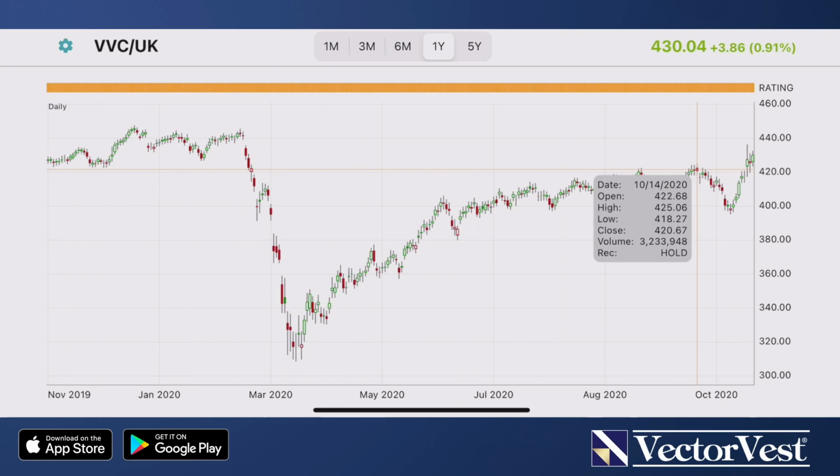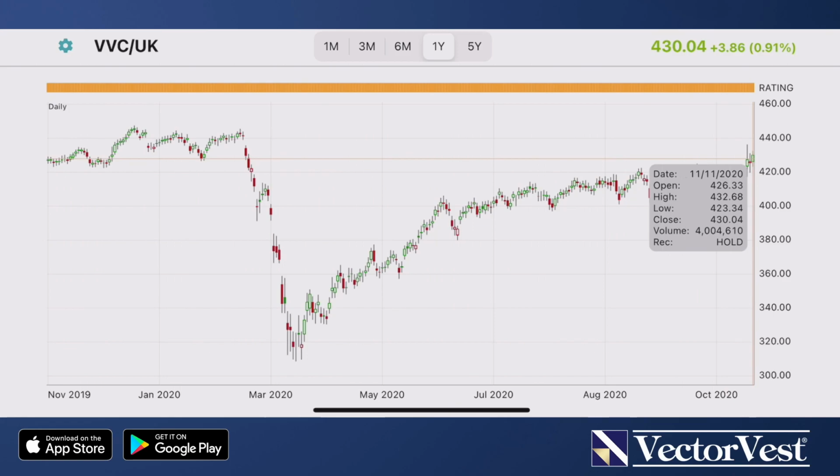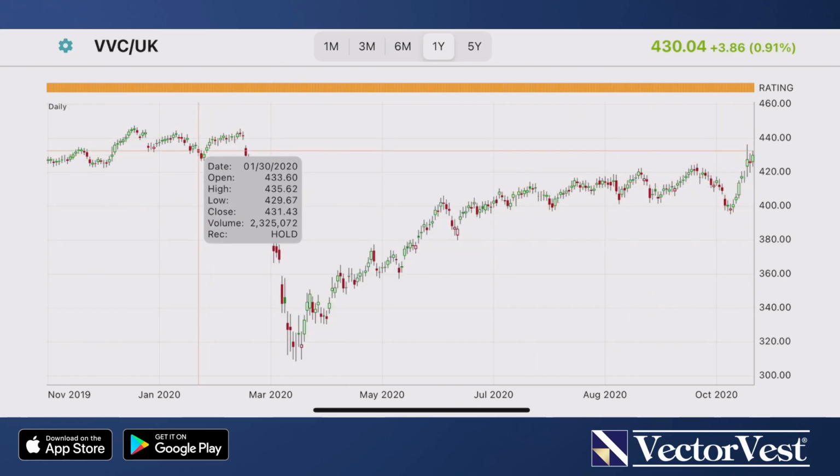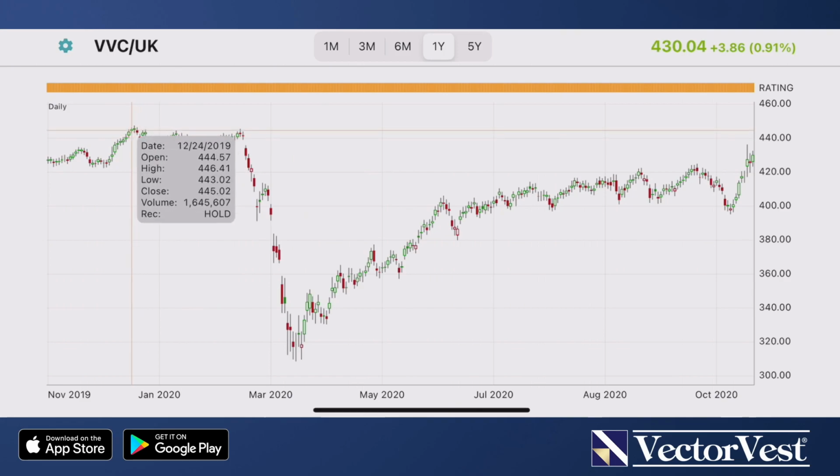So you're seeing bigger swings higher and lower, and then nice blast off just recently. But once again, same as we saw before, you see a level of resistance coming in at 445, 15 pence a share, I believe, if I'm not mistaken, on the VectorVest composite. So just something to keep an eye on as we get closer to that level there.